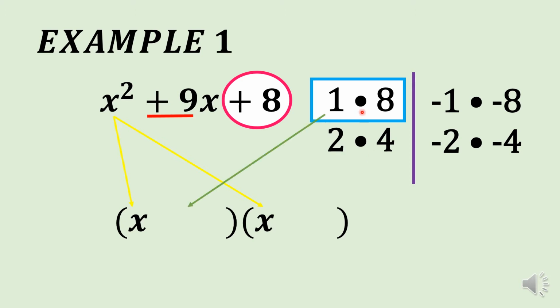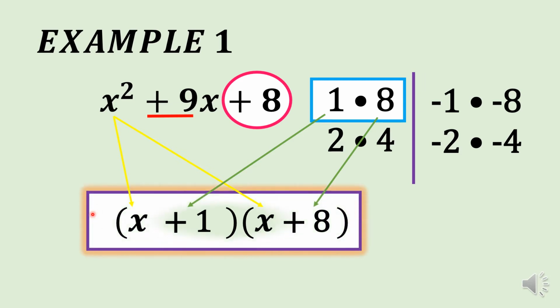You have positive 1, so ilalagay mo lang siya dito sa ating unang factor, that is plus 1. And then yung pangalawa natin, that is 8, so we're going to place positive 8. And that is now our final answer. So you have quantity x plus 1 times x plus 8. So ito yung factors ng x squared plus 9x plus 8. Okay, so let's have more examples.